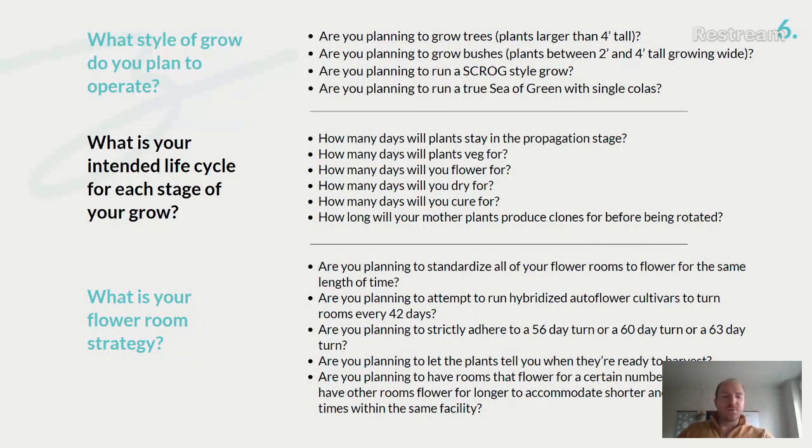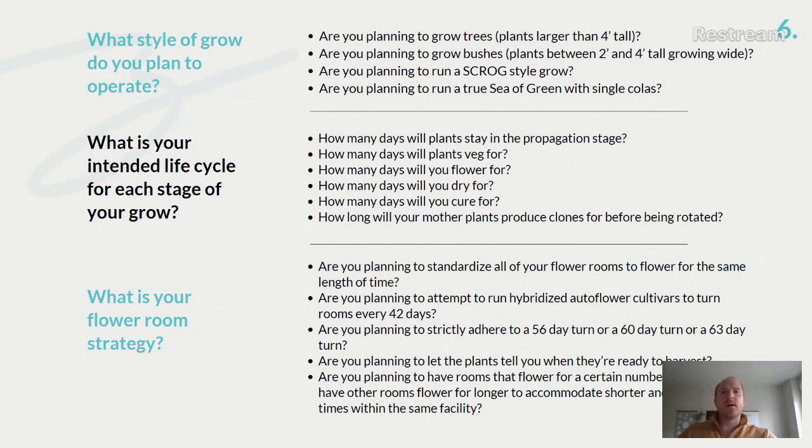Because ultimately, plants that are that young, only growing with a single cola, are only going to grow buds of a certain size. And when you're talking to connoisseurs, they want to see that big fat bud that they can brag to all their friends and on social media that they've got the biggest, dankest nug, if you will. And if you're trying to grow for that, you're going to have to adopt a style that's not just propagation to bloom. You might want to adopt something else in between here.